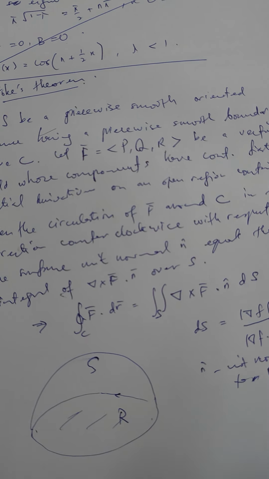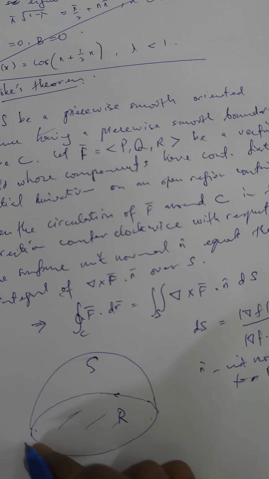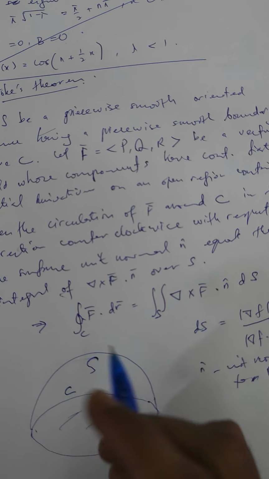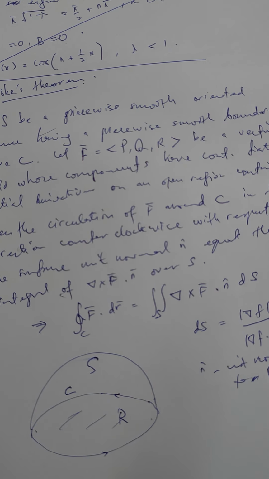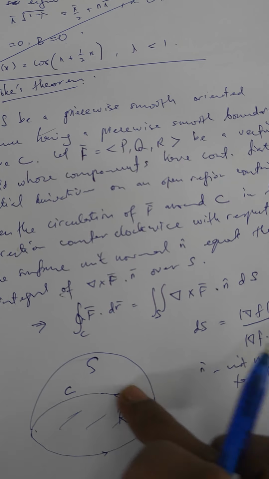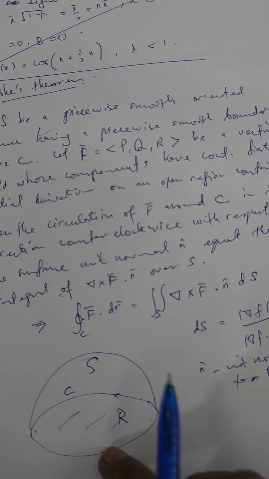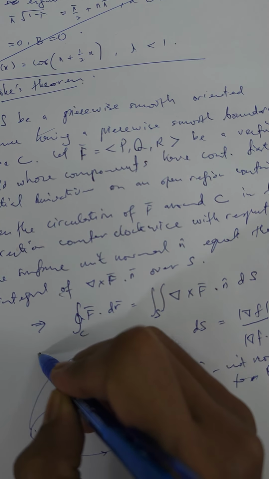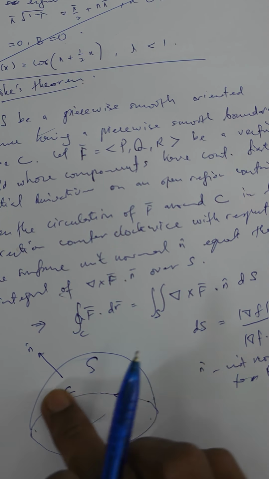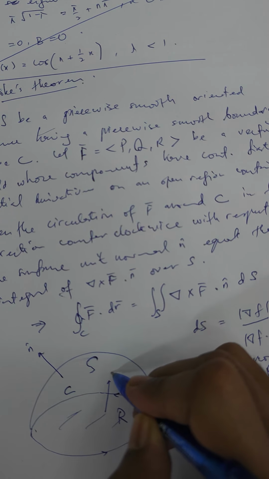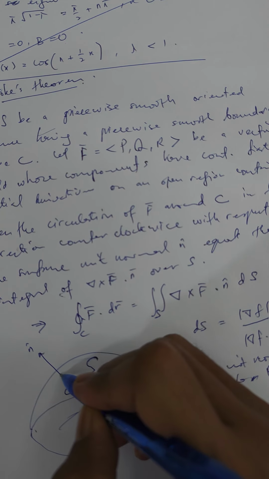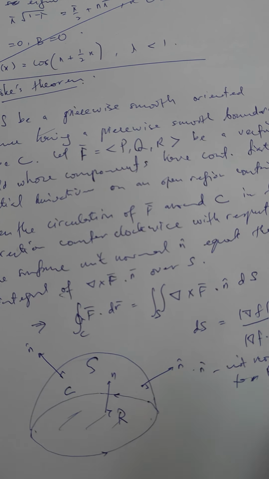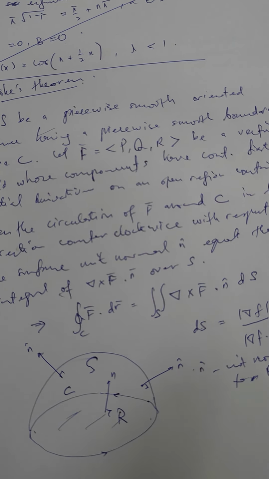This boundary here we call the curve boundary C, and it moves counterclockwise. And the normal is normal to the surface. If you consider a point here, the normal to the surface is somewhere here.